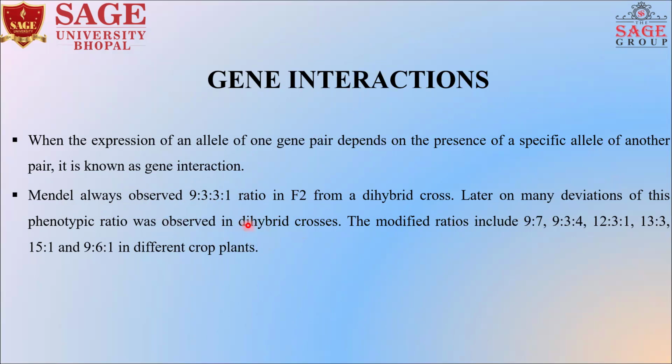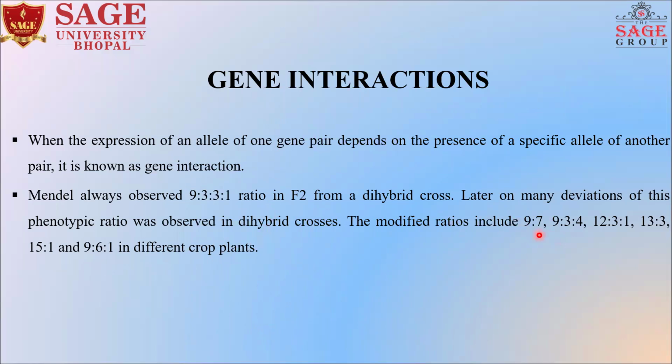So that cross can be modified into other ratios like 9:7, 9:3:4, 12:3:1, 13:3, 15:1, or 9:6:1 in different crops. These are the modified ratios, and this type of ratio comes under gene interaction.